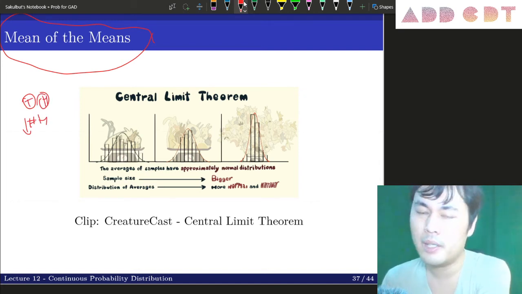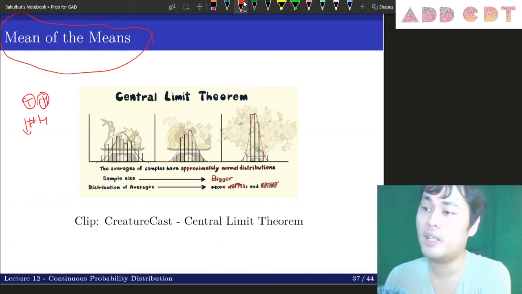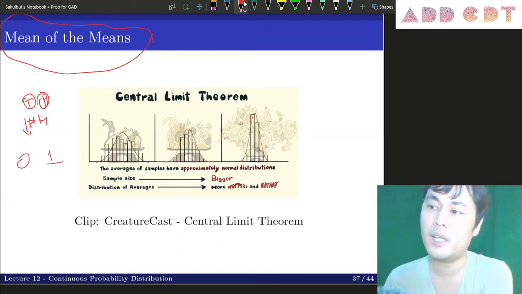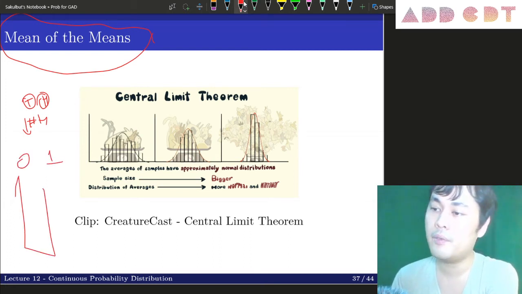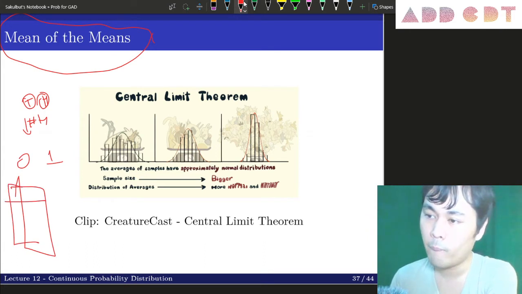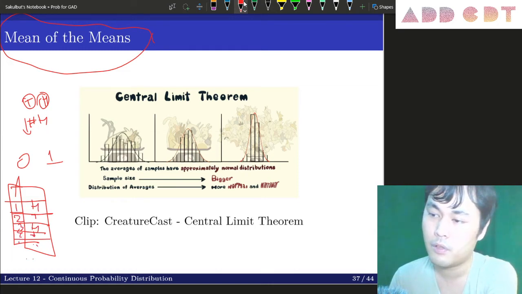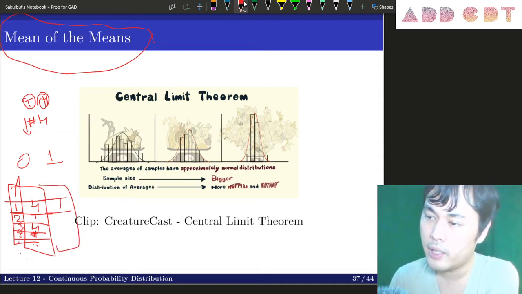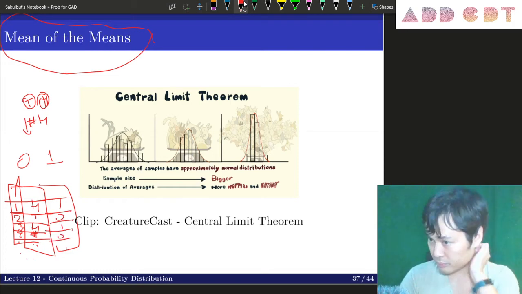Since it's just a single coin, it's going to be either 0 or 1 head. Then you can record your experiment. Maybe the first one you get heads, the second one tails, the third one heads, the fourth one tails, and so on. So now you get 1 head, 0 heads, 1 head, 0 heads, and so on.